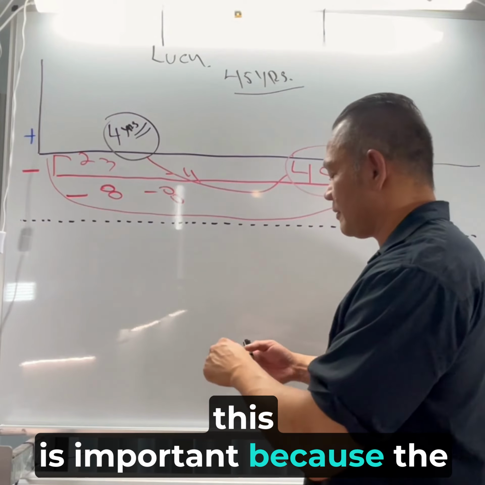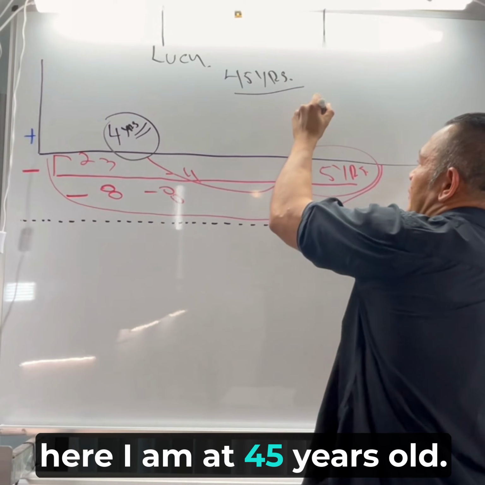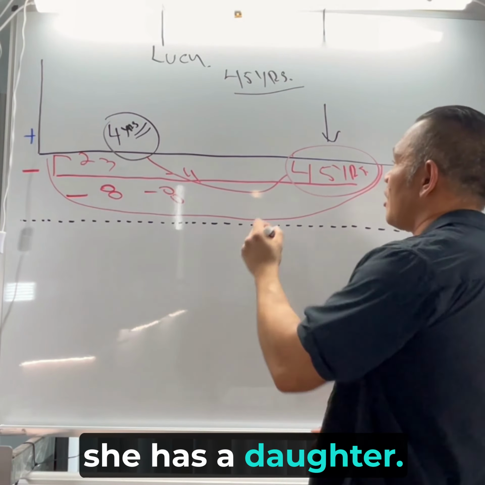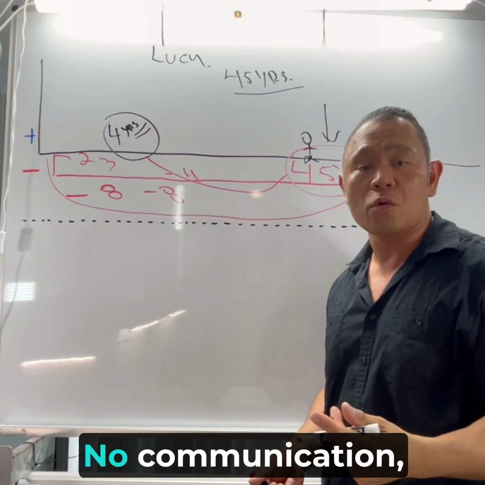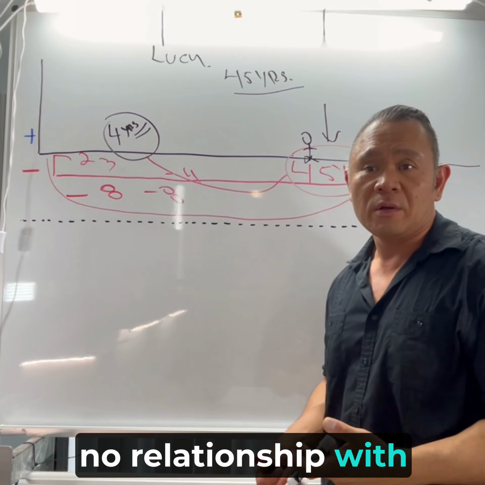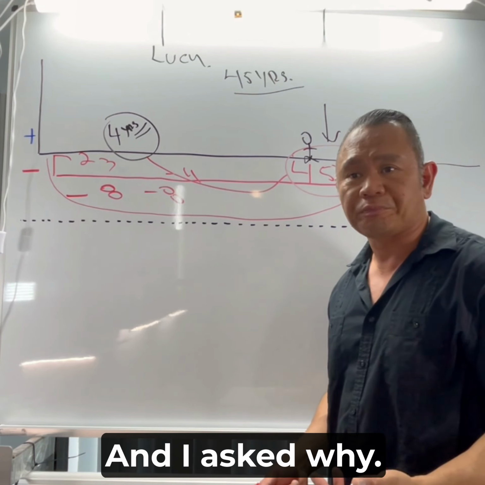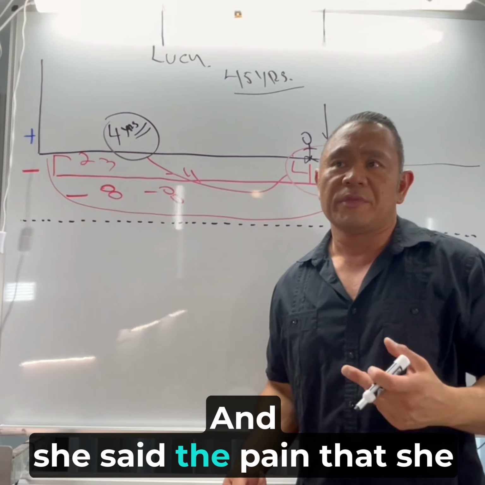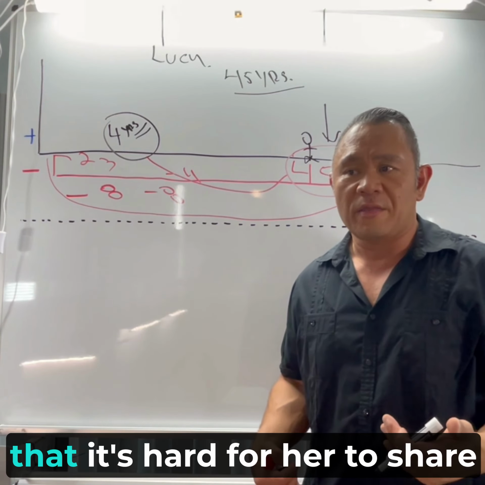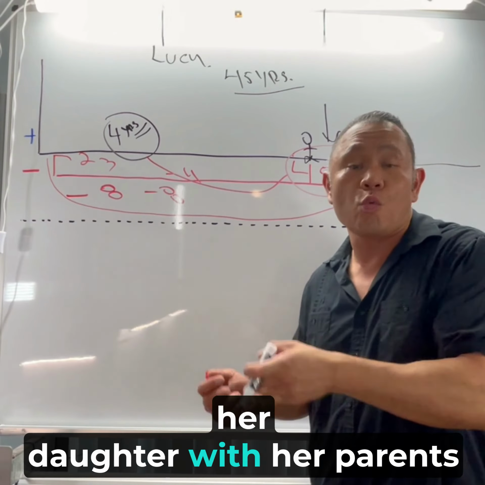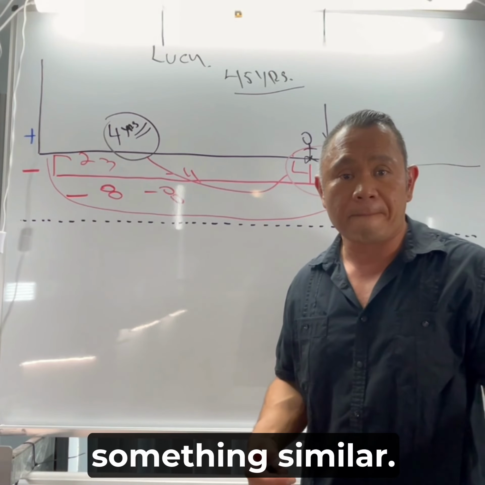Now, this is important because the reason she came to us is because she said, look, Alan, here I am at 45 years old. She said at this point, she has a daughter, and this daughter has very little to no communication, no relationship with the grandparents, with Lucy's parents. And I asked why. And she said the pain she has when thinking about her parents is so strong that it's hard for her to share her daughter with her parents because she doesn't want her daughter to experience something similar.